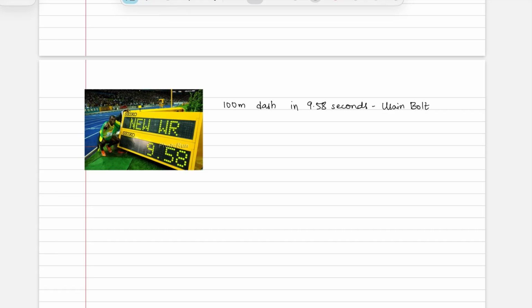With this information, you're able to provide the average speed as simply total distance divided by total time.